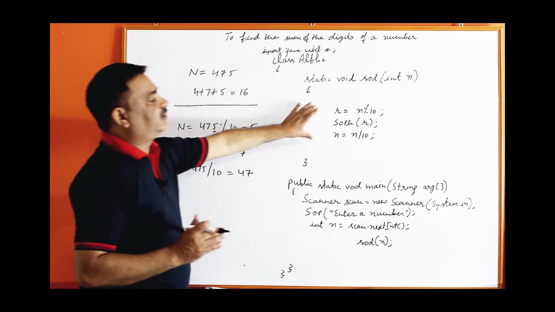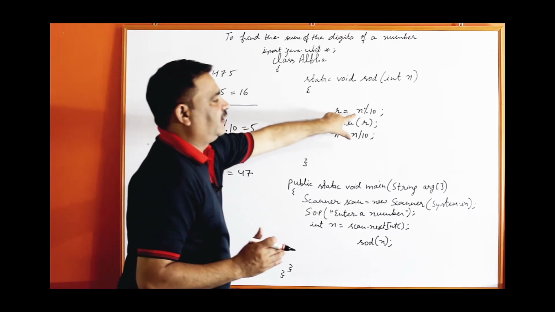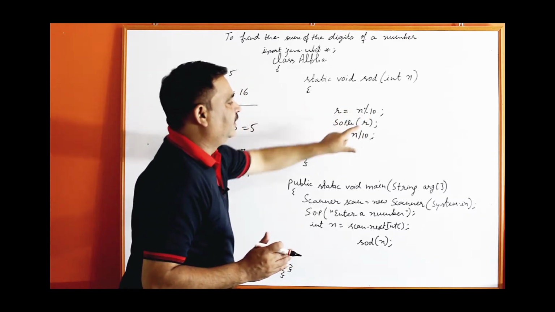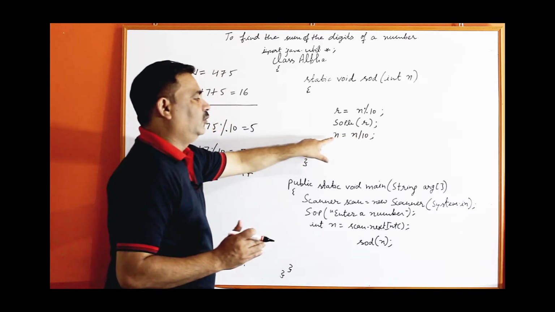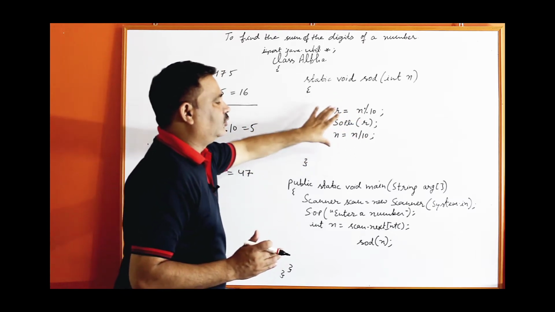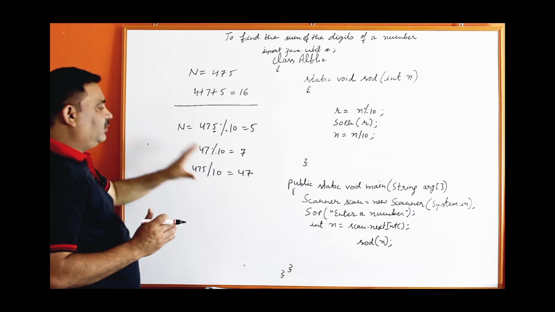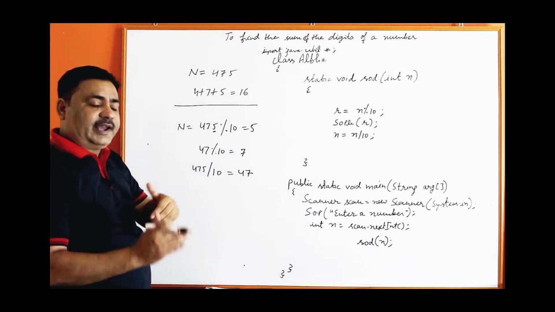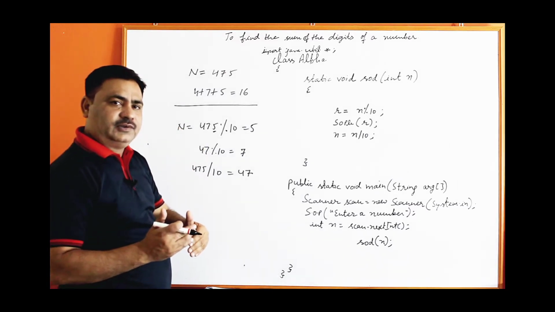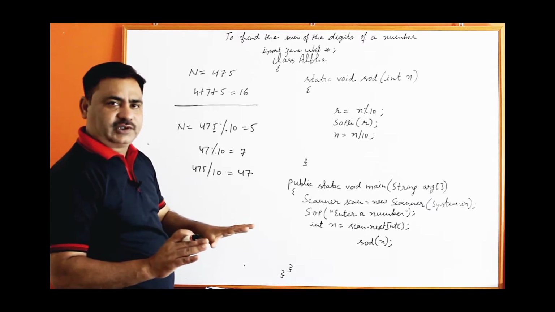Now, you have to repeat the same statements: 47 modulus 10, print 7, then 47 divided by 10, you will get 4, next time 4 modulus 10 and so on till n becomes 0. When n becomes 0, you have to close the program.